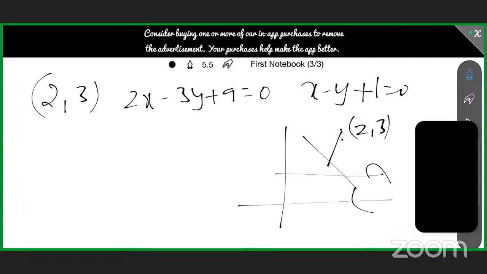So I'll find the point of intersection of both the lines. We know the point of intersection formula. What is the point of intersection formula, dear friends?